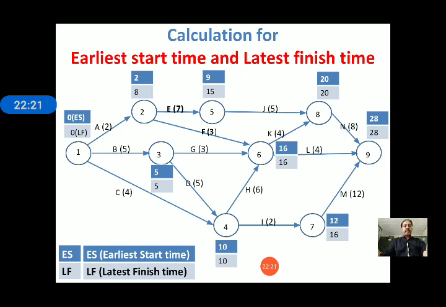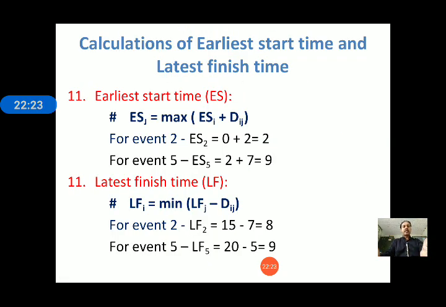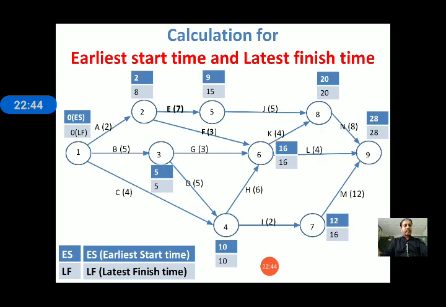And the calculation for the latest finish time is: latest finish time of event I is equal to the minimum of the latest finish time of event J minus duration. The latest finish time must be calculated from the last event.